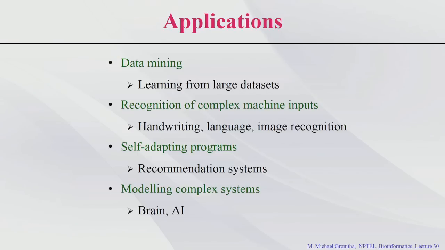For example, the recognition of complex machine inputs like handwriting, language and image recognition: you can read these images and correctly tell what they mean, in different handwriting languages. Then there are self-adapting programs like recommendation systems, as well as modeling complex systems, for example the brain. You can see the several neurons, and using artificial intelligence you can model these complex systems with different machine learning techniques.